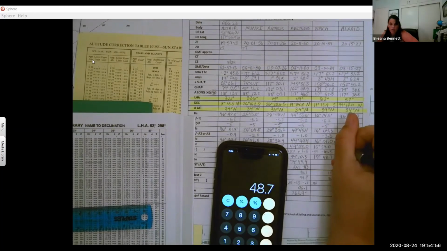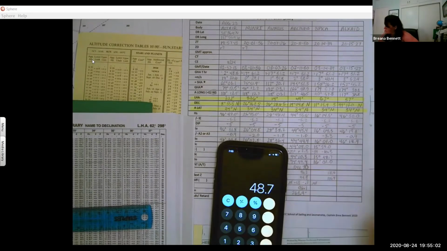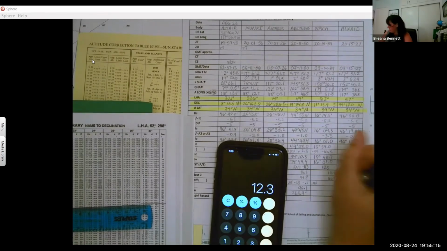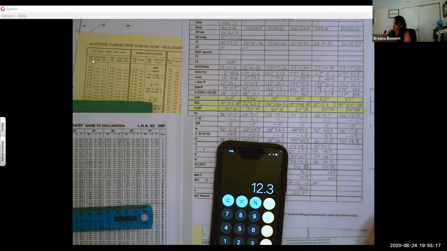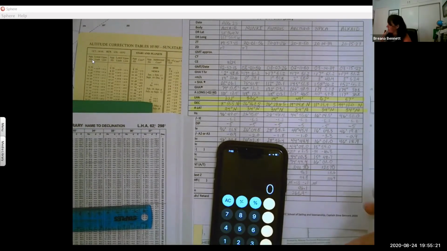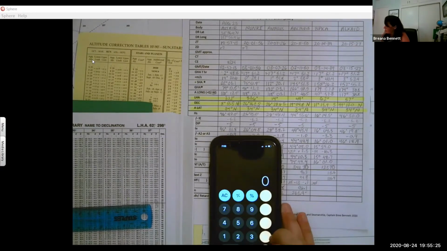Then we're going to move our HO down. We have 16 degrees 01.0. So we have 61 minus 48.7, which gives us 12.3. And again, that is towards. I don't know if we're going to get any erasers this time.